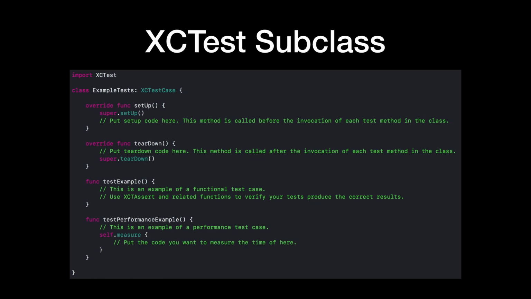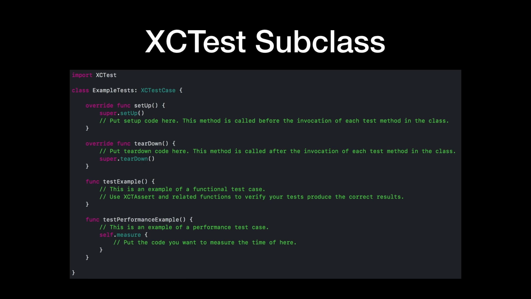Test methods follow a pattern where they're prefixed with the word test, followed by anything. That name should be descriptive of what that test is intended to verify. And then they return void. So you can write as many tests as you would like in an XCTestCase subclass.